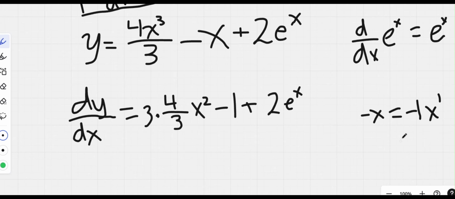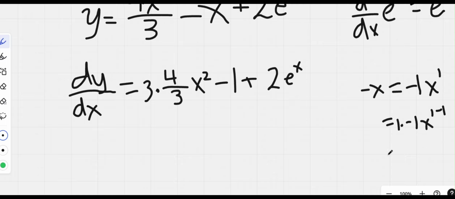And in applying the power rule, we would have 1 times negative 1 x to the 1 minus 1, which simplifies to negative 1x to the 0 power.